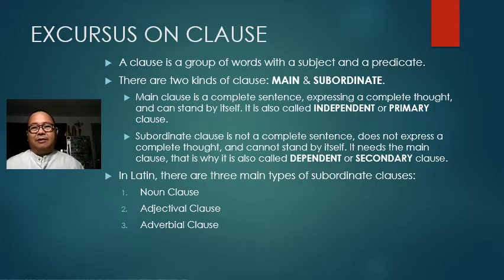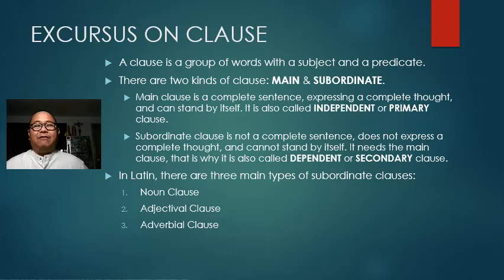It is complete. A main clause is actually a sentence, and that is why it can stand alone. It is also called independent clause. Other English grammar books would also call it primary clause. But for our purpose, we will use the term main clause.